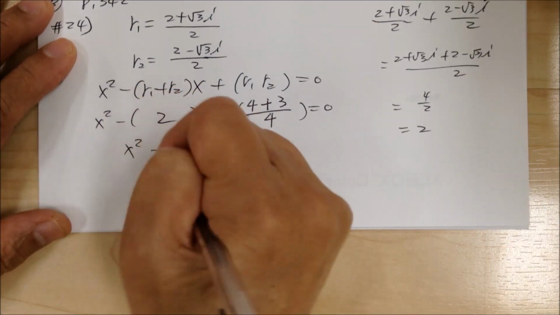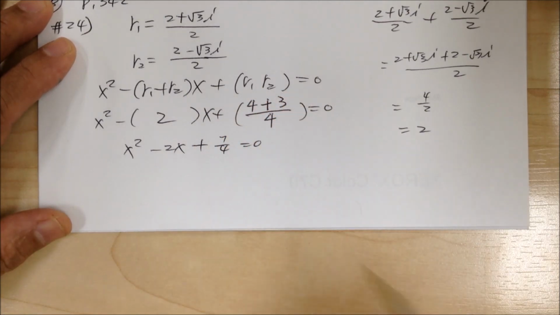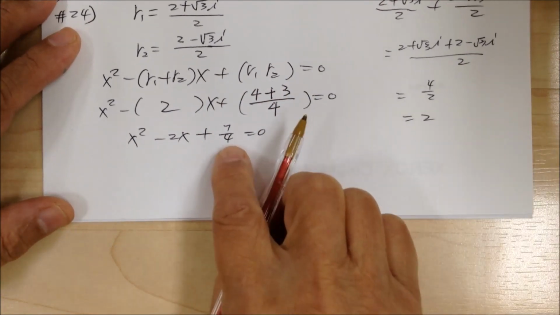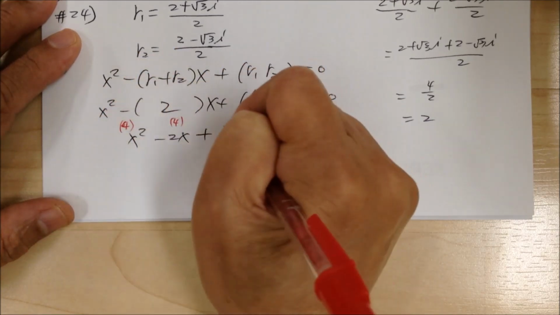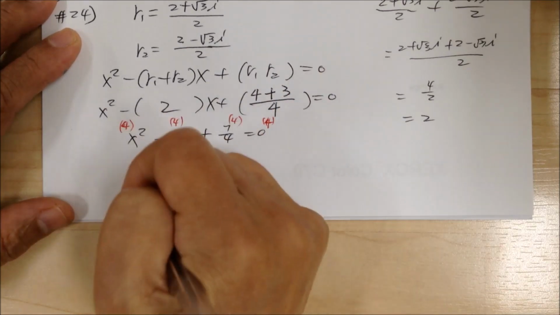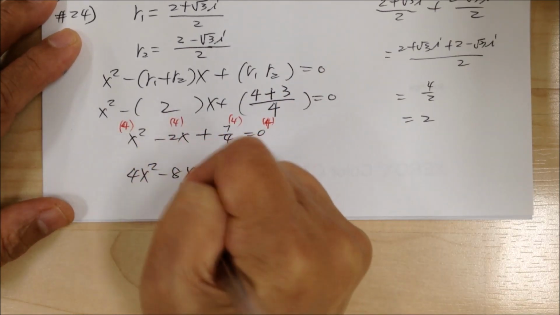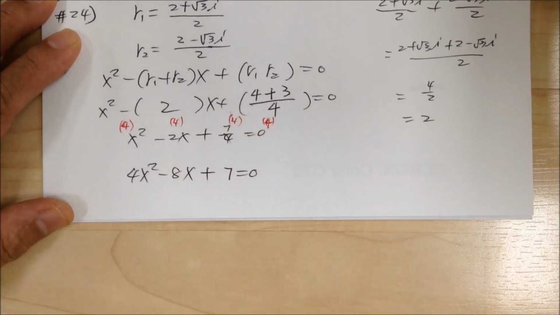So you've got x squared minus 2x plus 7 over 4 equal to 0. For the final equation, you're not allowed to have fractions, so you need to multiply by 4 to get rid of the fraction. So you're going to get 4x squared minus 8x plus 7 equal to 0, since the 4 cancels out.